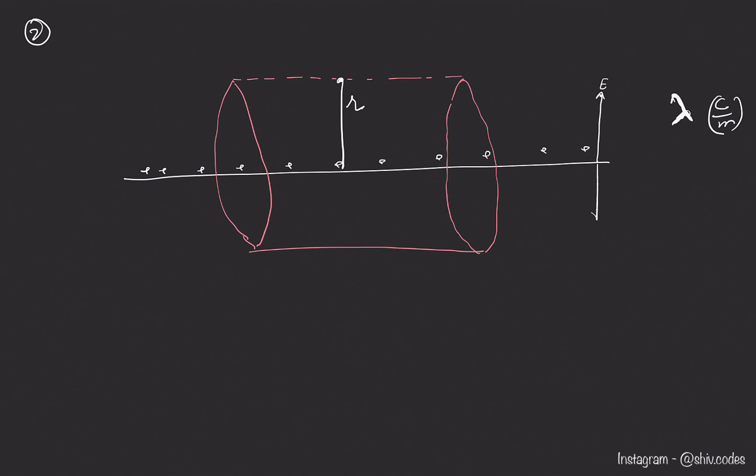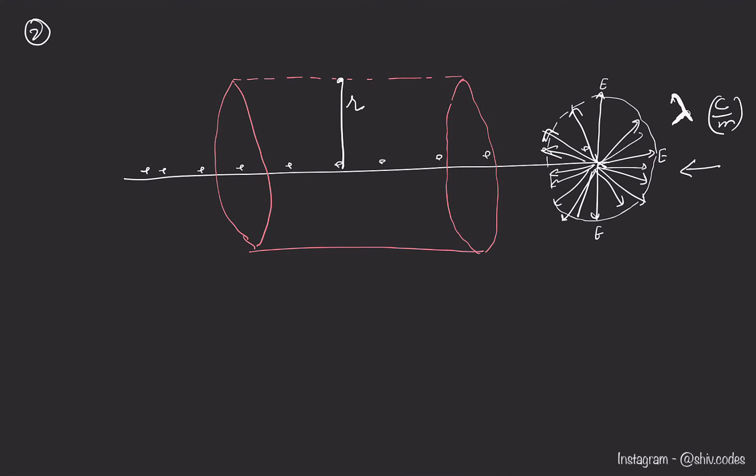Towards the bottom, towards the right here, towards the left here. I don't know if you are able to visualize, but if you see it from here, it would look like sun rays going in every direction perpendicularly. So I hope you can visualize this.